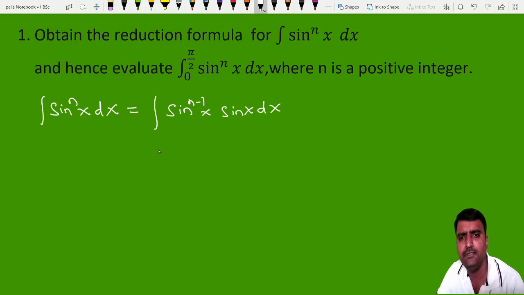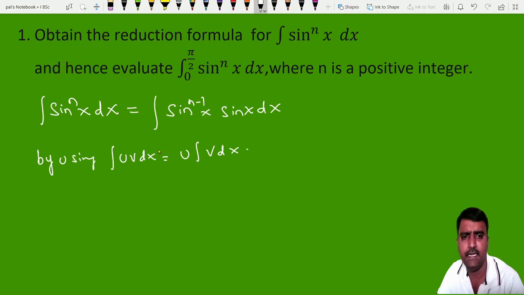Now, to integrate this, use integration by parts. As I already discussed in the above formulas, the integration of uv dx is equal to u into the integration of v dx minus the integration of v into the differentiation of u into dx.